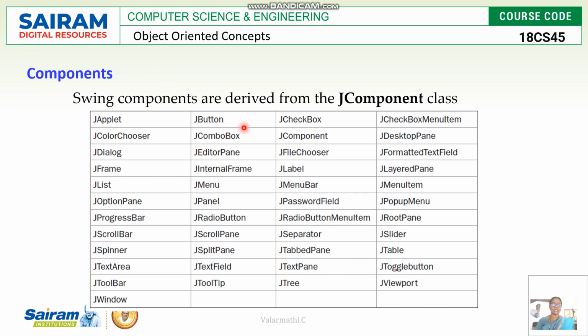In Java Swing, components are always derived from the main class JComponent. From the JComponent class, the remaining Java Swing components are derived. So what are those?